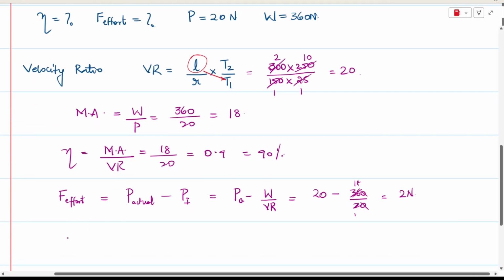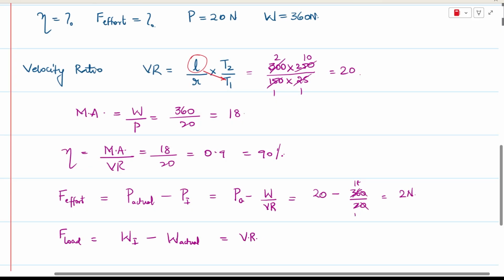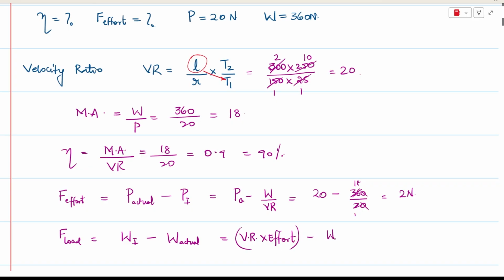Same way, the load lost in friction, that is friction load, is equal to ideal load minus actual load. So the frictional load, given by ideal load minus actual load, is velocity ratio into actual effort minus actual load.